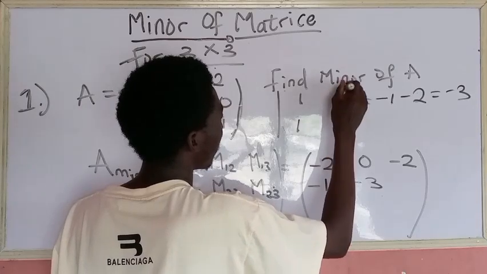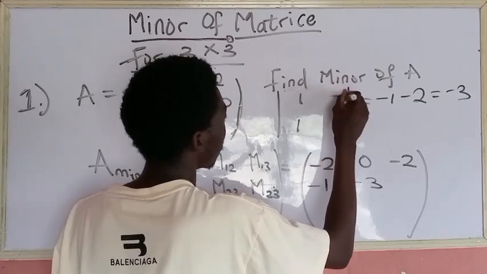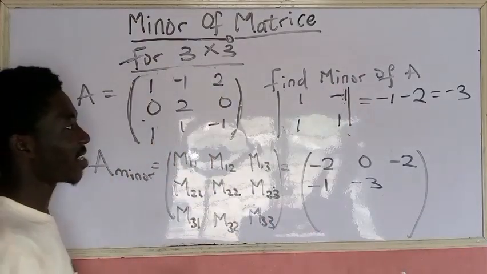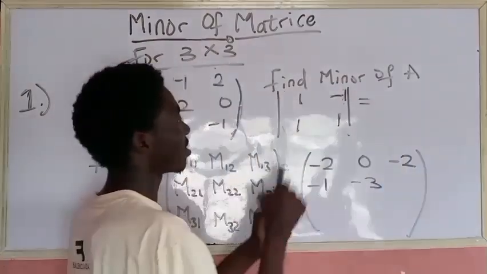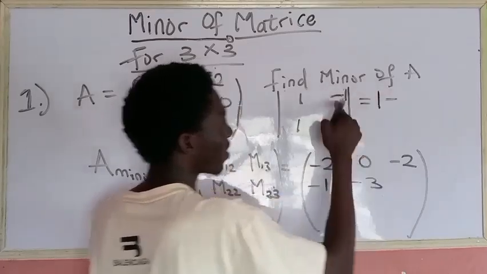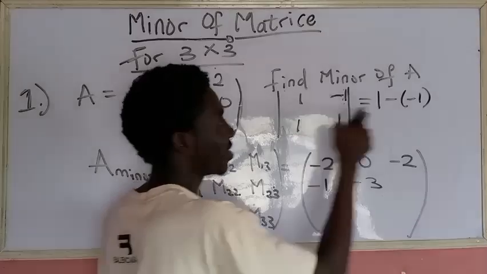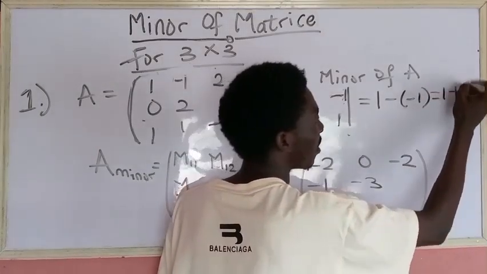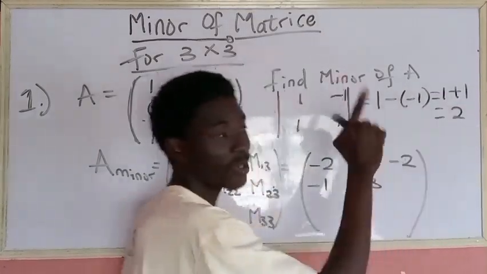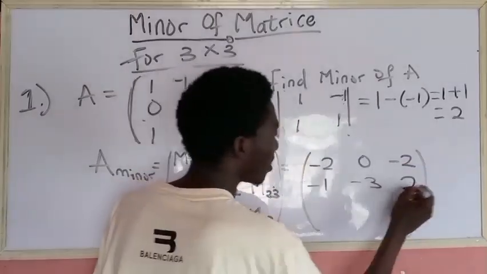So I have a minus 1 here. I have a minus 1 there. And what will be my answer to that? That is a plus 1 minus a minus 1. So 1 minus minus 1 is 1 plus 1, and that is 2. That means here is 2.